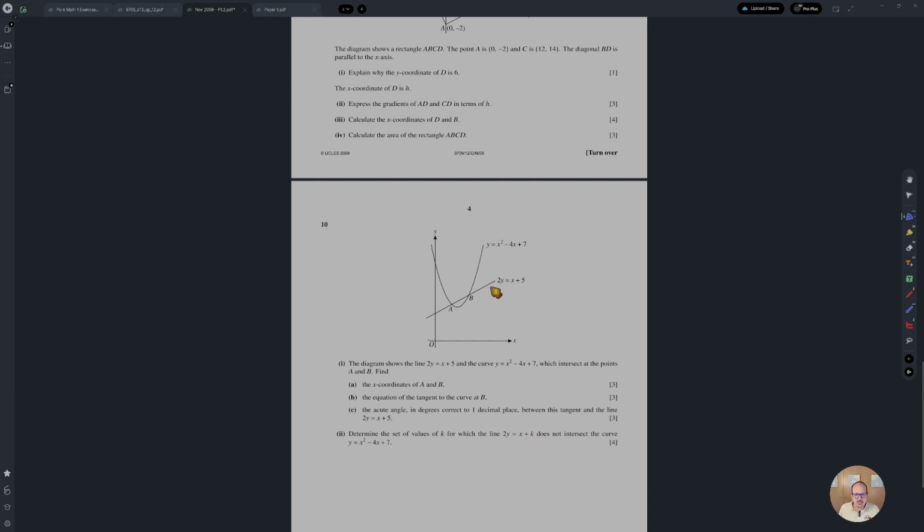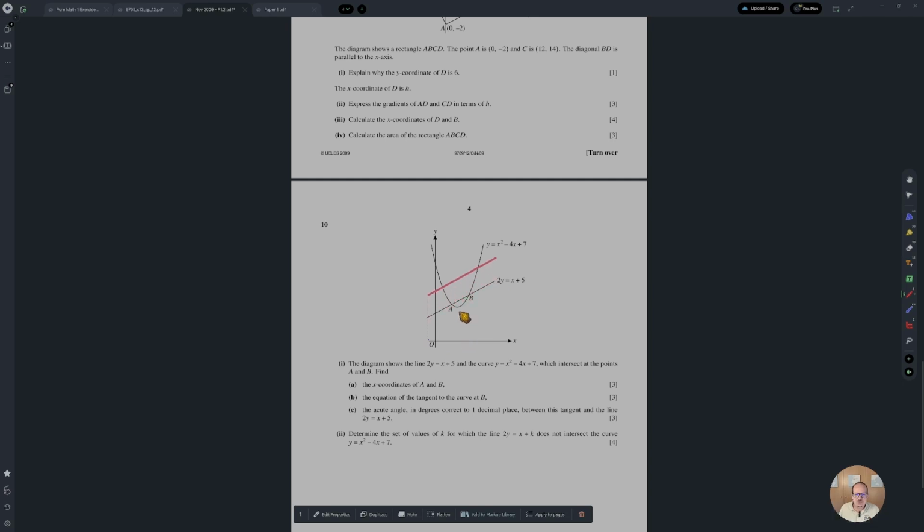So what is this being asked? What is the set of values of k for which this imaginary line that is parallel to this one over here, drawn, does not intersect the curve? It does not intersect the curve if you have a line that is, let me do it over here. Okay.